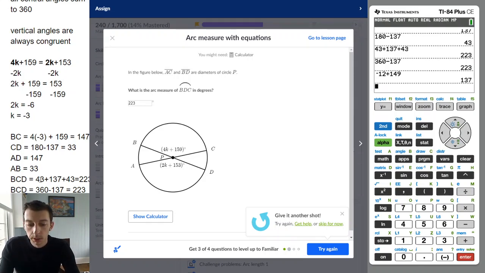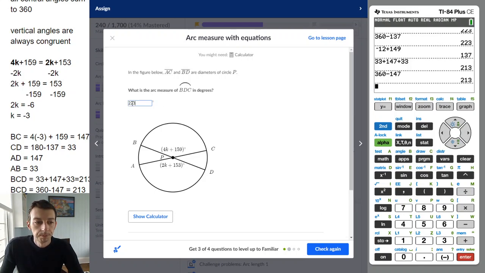So because this is 33 plus 147 plus 33, I'm going to end up with 213. So always good to double check your work. Now I should be able to get that minus 147. I end up with 213. So there we go.